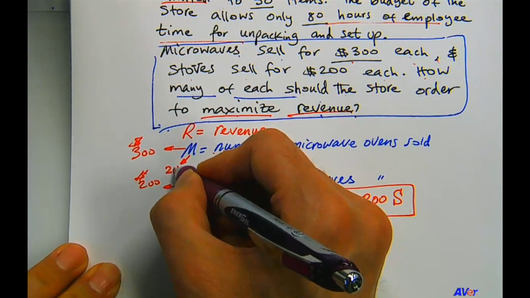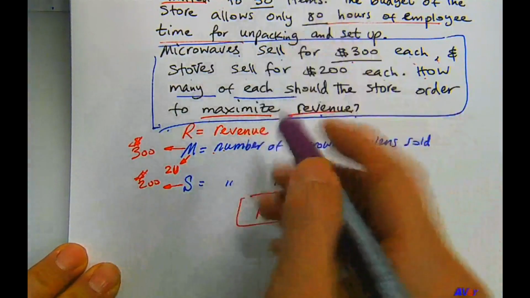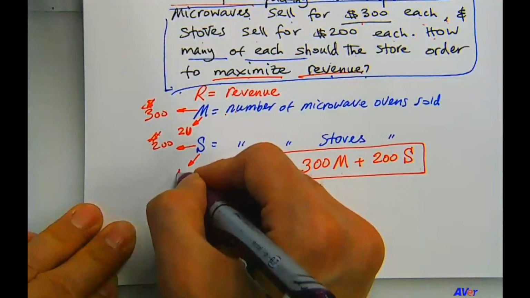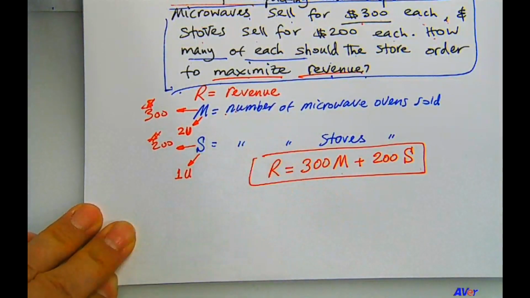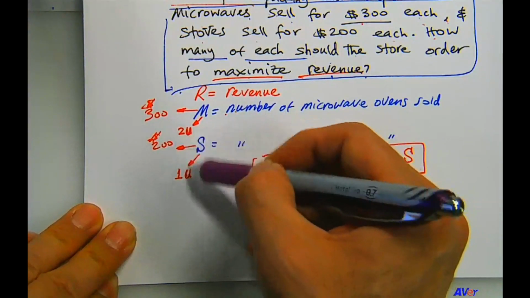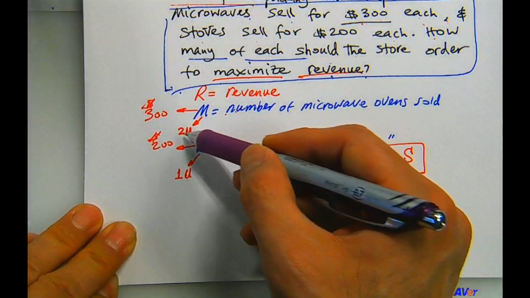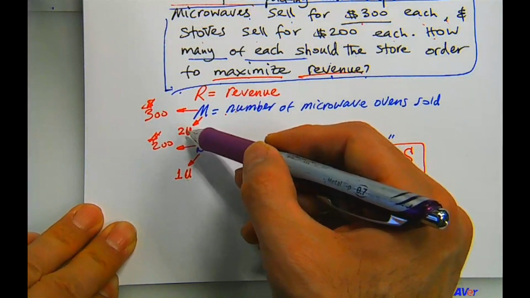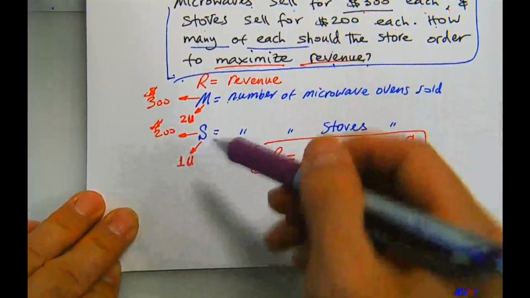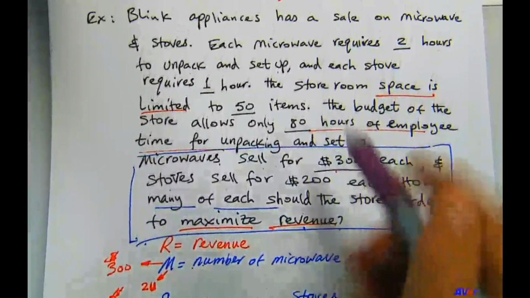Let me just use U, 2 hours to unpack and set up. And each stove, that's this variable, requires just 1 hour to unpack and set up, or 1U. The U's are just acronyms for me to remember what that number refers to. So 2U refers to 2 hours of unpacking and setting up, and 1U represents 1 hour of unpacking and setup. Then we're going to read on.